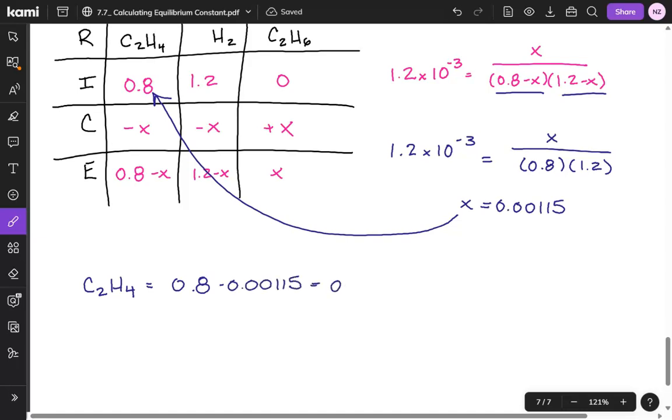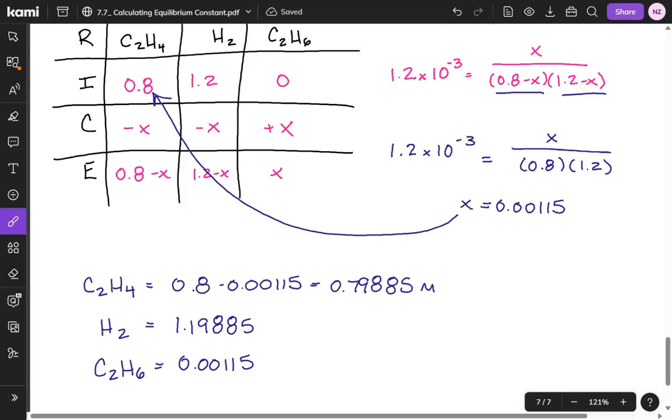I get 0.79885. I would do the same for H₂. I get 1.19885. And for the last, C₂H₆, I get 0.00115. And that's it. That's it.